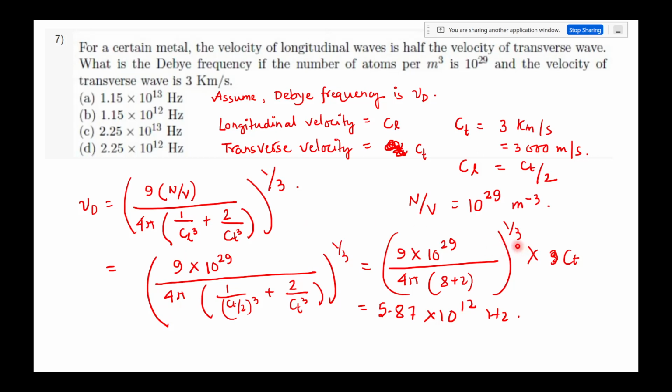Is the point taken or not? So here this is 1 by CT cube, and if you bring this here, this is CT cube, then this will be CT, right? Okay, now clear, sir.